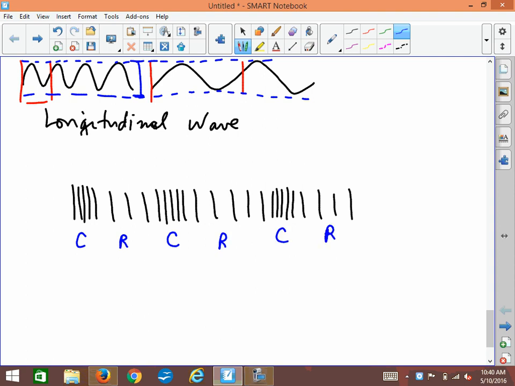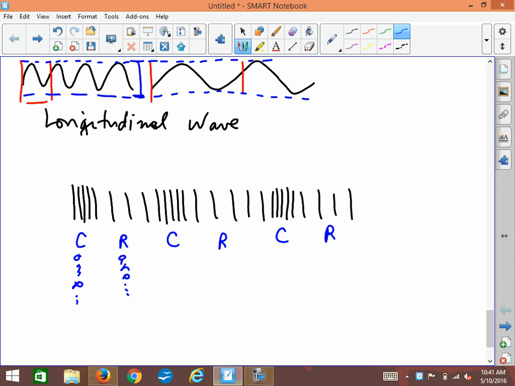The compression is the place where it's most compressed. That is sort of analogous to the crest of the transverse wave. And the rarefaction is like the trough. They're kind of the same idea. So I'll just write compression and rarefactions. You can look at the words up above if you've forgotten what they are.